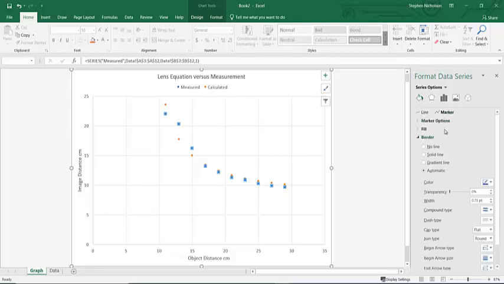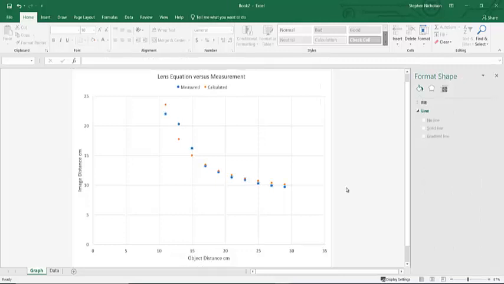So you can change it to a bigger marker. Let's see if that works. Are those bigger? Yeah, I think they are bigger.